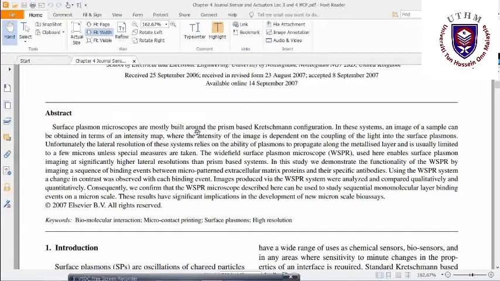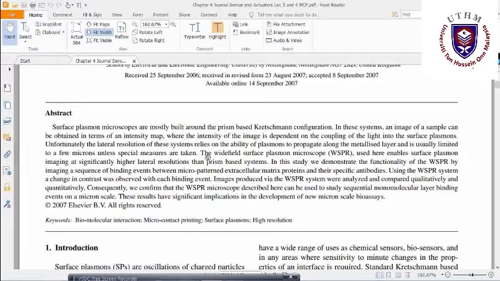Surface plasmon microscope is mainly built around the Kretschmann configuration. I will show you what the Kretschmann configuration is later. In this system, we obtain the image by looking at the intensity map of the laser beam which is reflected from the prism. This is dependent on the light source that we use.